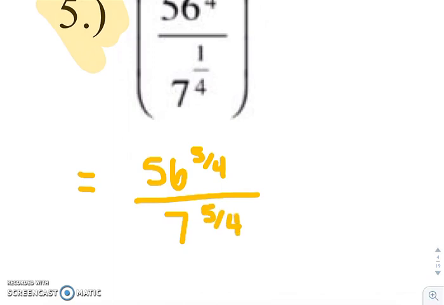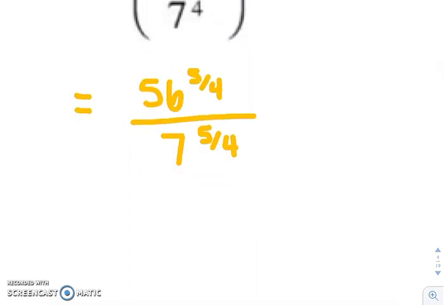So, are the bases the same? No. But is the root or the index and the power the same? Yes. If we rewrote this fraction in radical form, 4 would be the index for the entire thing, since they both have a denominator 4 for their exponent, and it would be to the 5th power.